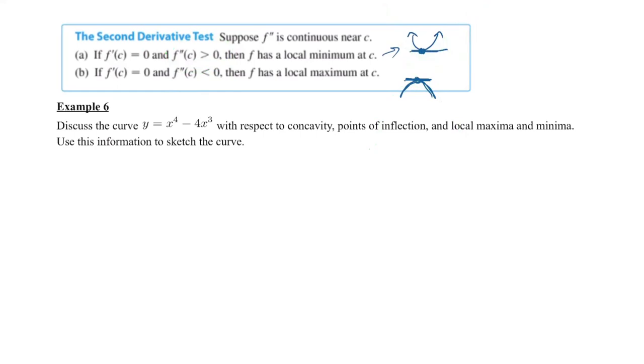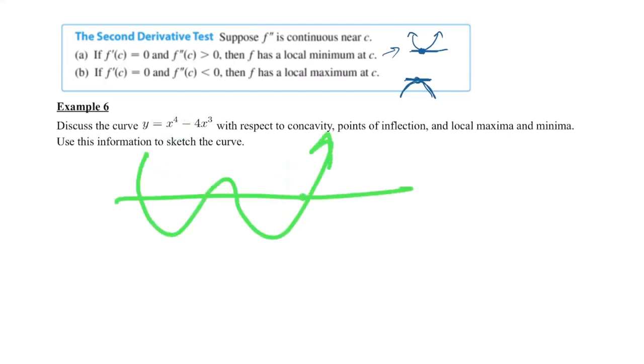So why don't you go ahead and try this problem right here. But before I begin, I mentioned this too many times: don't forget the techniques that we had learned from the past. This is the fourth power, which means that it goes up on either side, and it may have up to one, two, three, 4 points.